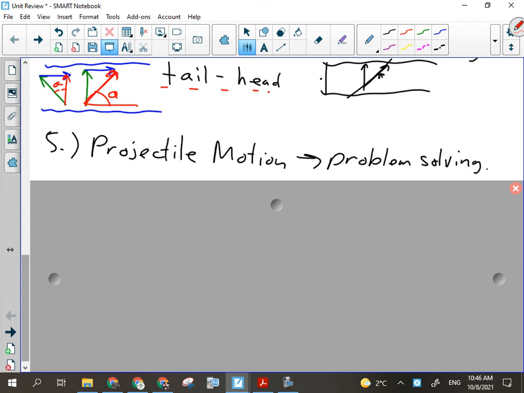And then projectile motion. There's one of each in the written response, and a couple of questions about it in the multiple choice. No calculations in the multiple choice, okay? But there's a horizontally projected projectile, it's question number 1. And a projectile projected at an angle, it's question number 2 in the written response.